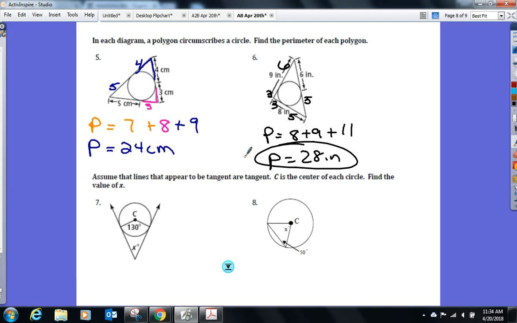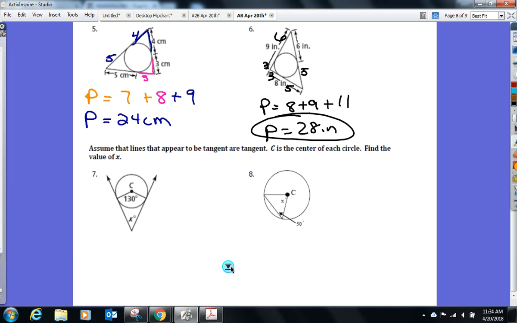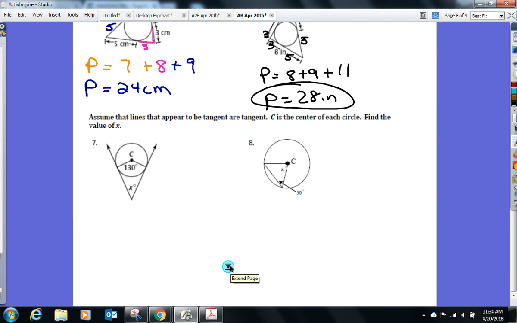All right, let's try to put this all together and wrap it up. Try to find x for number 7. Remember the theorems we went over today, both theorems.